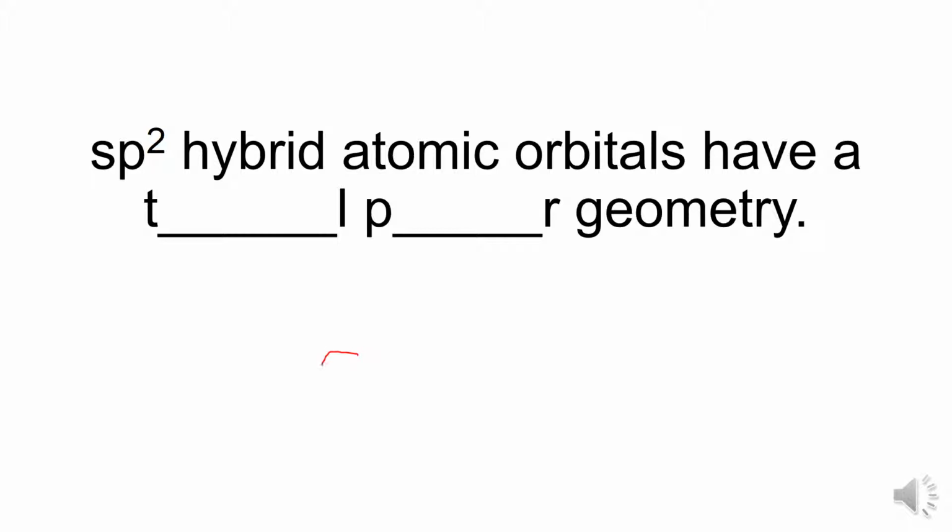So let's say you have a carbon that's sp2. It would look something like this. This is going to be the visual for the geometry. And these arcs or angles measure 120 degrees. So what would you call this kind of geometry?